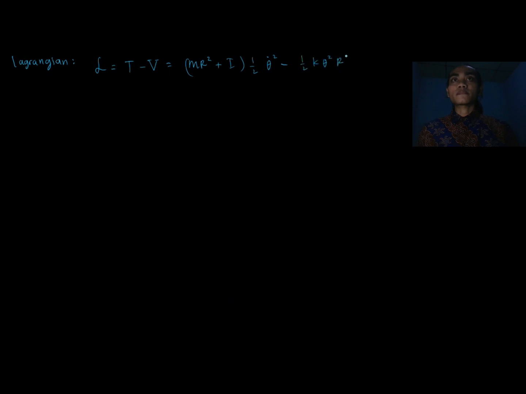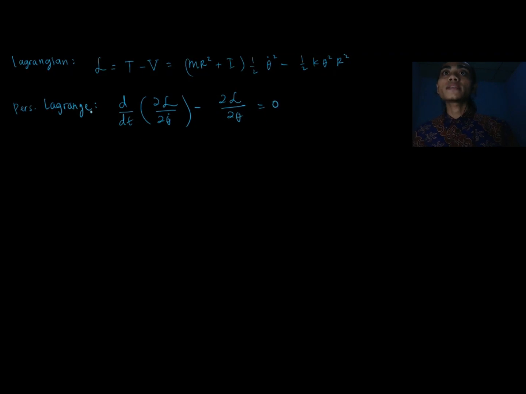So first of all, we differentiate the Lagrangian with respect to theta prime, and then we differentiate again with respect to time. Then we subtract the derivative of the Lagrangian with respect to theta. The derivative with respect to theta prime gives us (m r squared plus I) times theta prime.